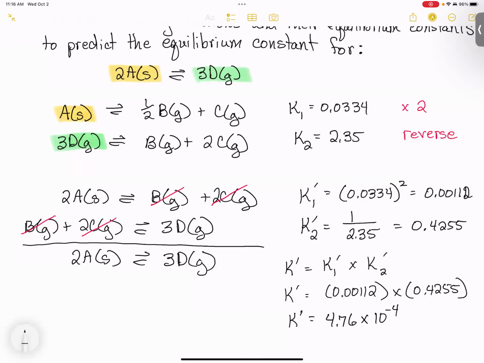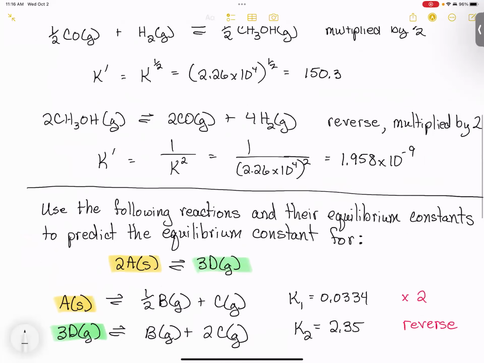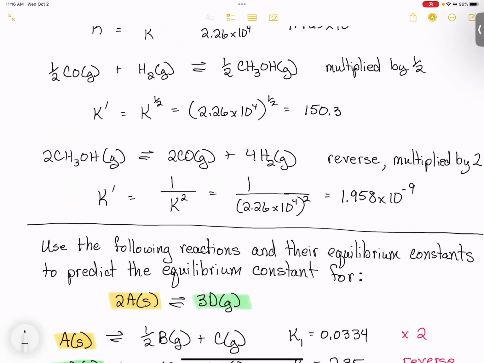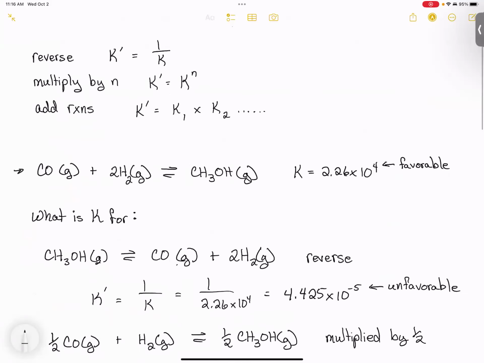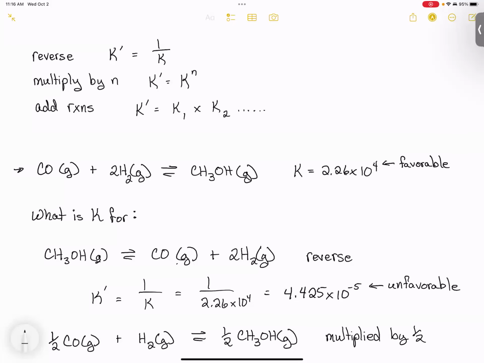Yes. One of the last ones we did, whenever you were getting it and it was reversed, you did 1 over whatever number it was, but you put an exponent above it. That's because in this one up here, not only did I reverse it, but I multiplied it by 2. So I had to combine the 2 rules for reversing and multiplication.